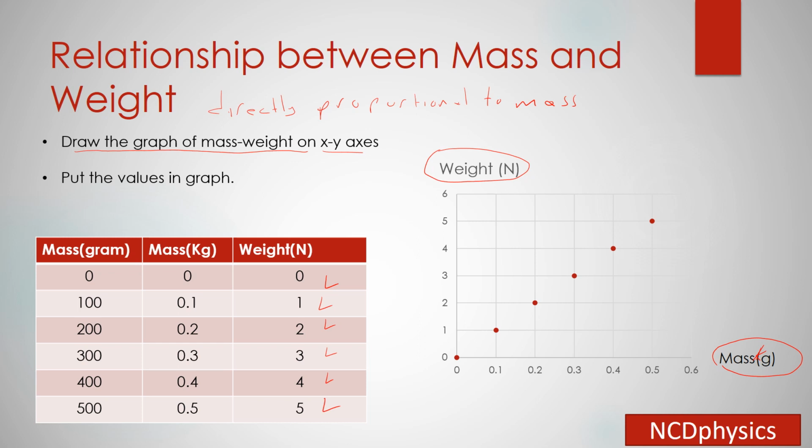So let's see, when the mass of the object is 0, the weight of the object is 0. This is the point. When the mass of the object is 0.1, the weight of the object is 1 Newton. This is the intersecting point.